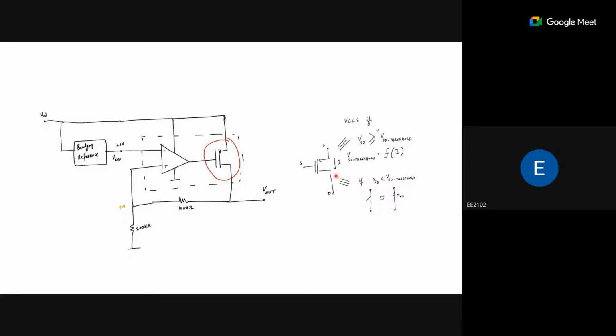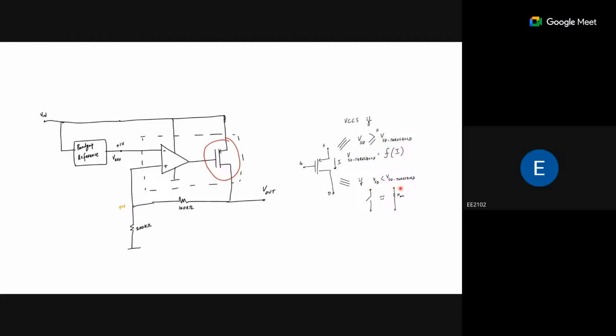But it only acts as a voltage controlled current source on the condition that the source to drain terminal voltage is greater than some threshold voltage. If it is not, what will happen?